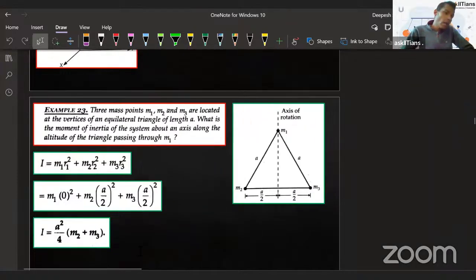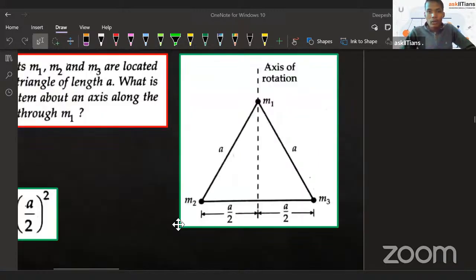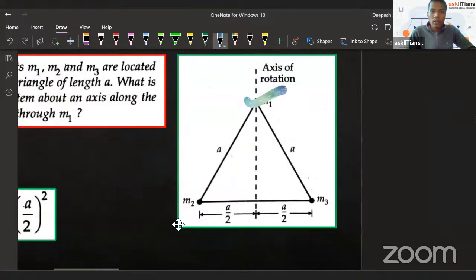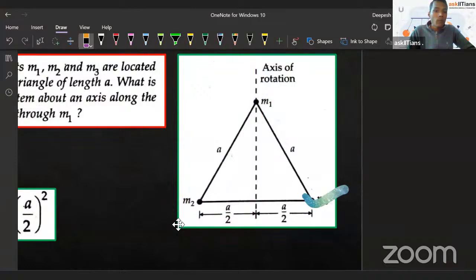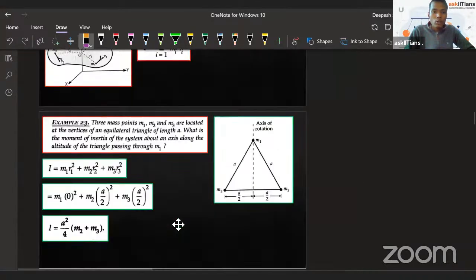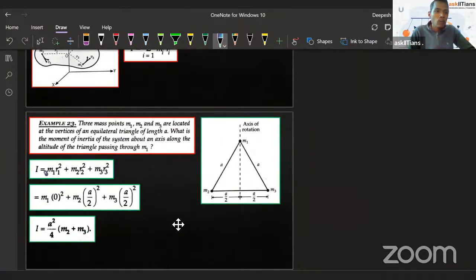Now, have a look at a very simple problem over here. There is a triangle. On that triangle, there are three masses, M1, M2, and M3. But the axis of rotation goes from between like this. If I want to calculate the moment of inertia, what should I do? Of course, M1 R1 square, M2 R2 square, M3 R3 square. But I need to know R1, R2, and R3.